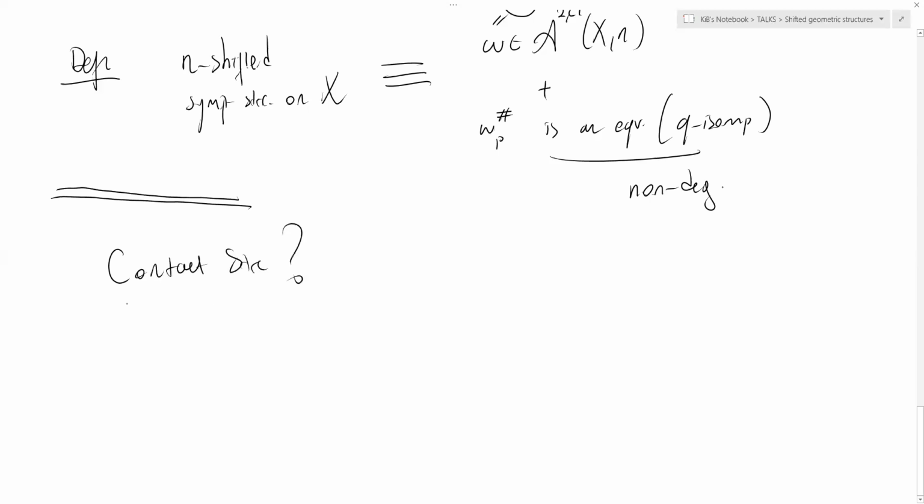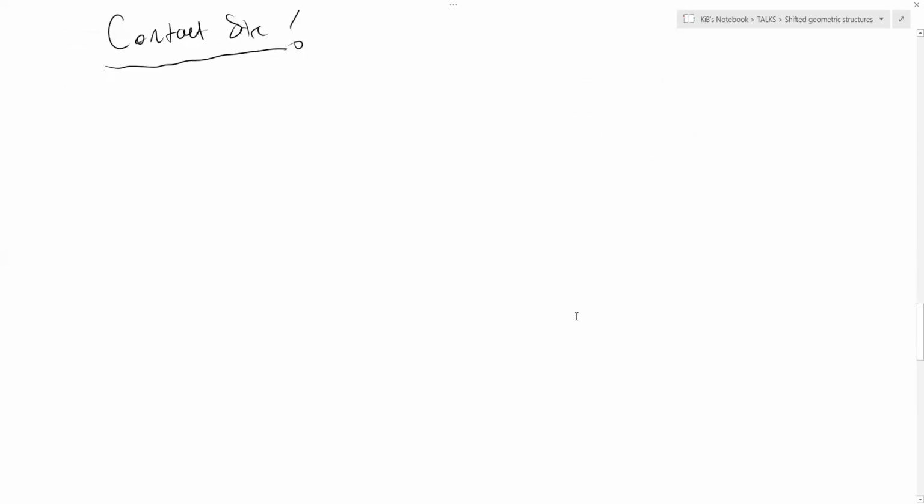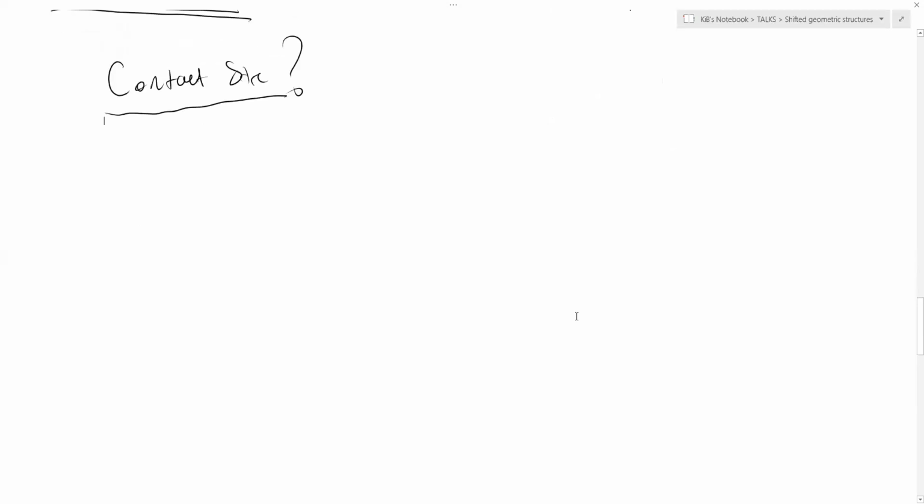Okay, so how can we discuss contact form, contact structure in that derived context? Of course, maybe I should remind you the classical picture. Classically, a contact structure on X, now X is a manifold, an odd dimensional manifold, right? So it actually consists of the following data.